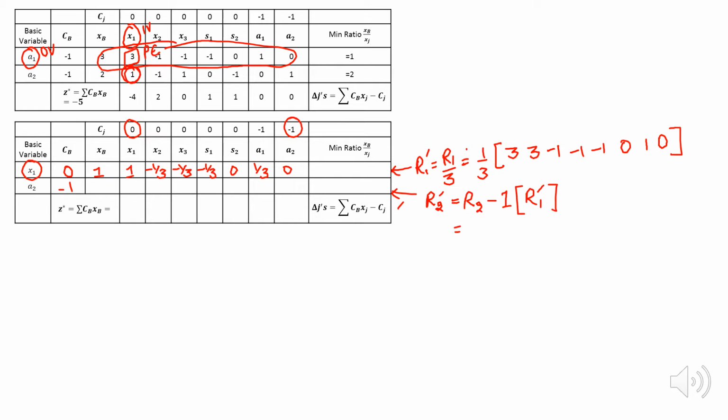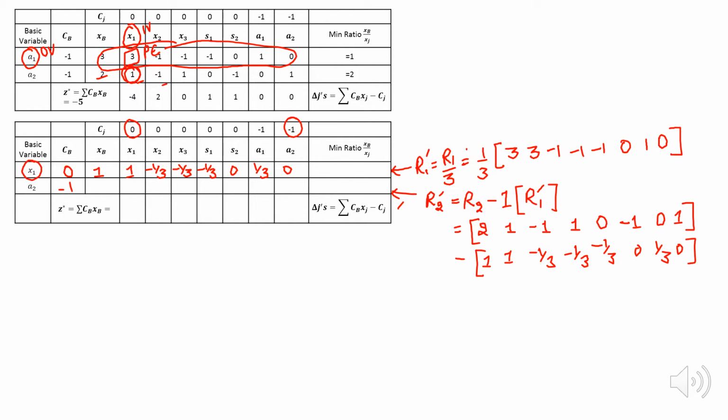Okay, the older R2 was 2 1 minus 1. So write it: 2 1 minus 1 1 0 minus 1 0 1. Subtract from it the new pivot row. If you multiply with 1, you will get the same thing. So it is 1 1 minus 1 by 3 minus 1 by 3 minus 1 by 3 0 1 by 3 and 0.